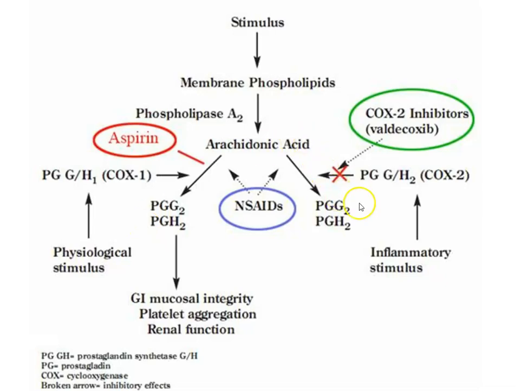However, in the presence of some sort of inflammatory stimulus, let's say arthritis, you're going to have the arachidonic acid go down the COX-2 pathway. And the COX-2 pathway makes these prostaglandins here. So you may notice that these products here, these prostaglandins, are the same prostaglandins over here.